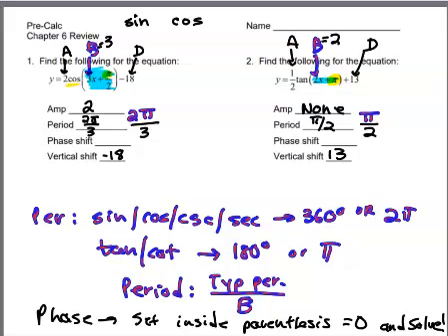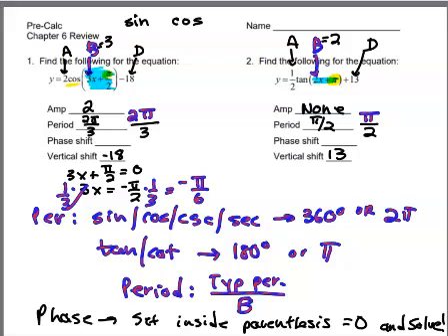It doesn't matter what the trig function is. We would take 3x plus pi over 2, set it equal to 0. So if I solve that, I get negative pi over 2. And to get rid of the 3, I can divide by 3, but maybe it's easier to think of it this way. If I multiply it by 1/3, you can see x is going to be negative pi over 6. And that is the phase shift, negative pi over 6.